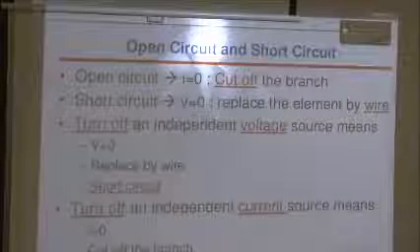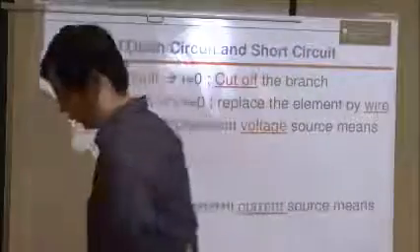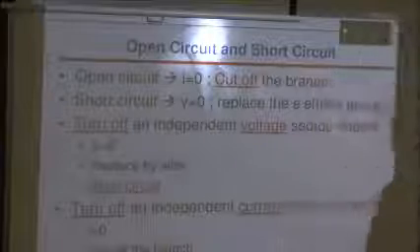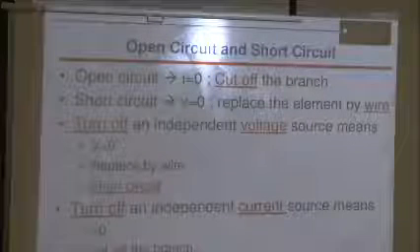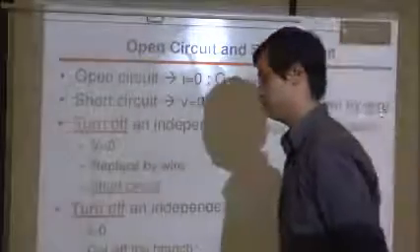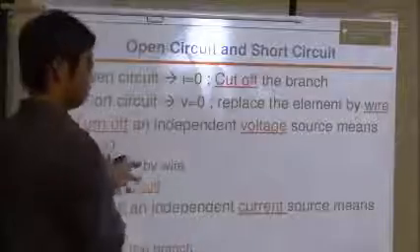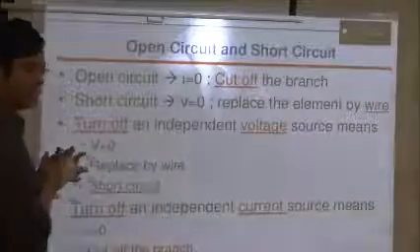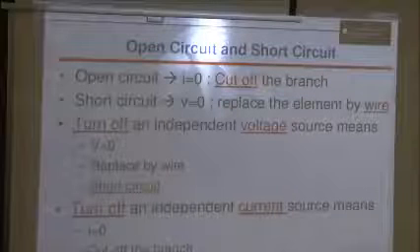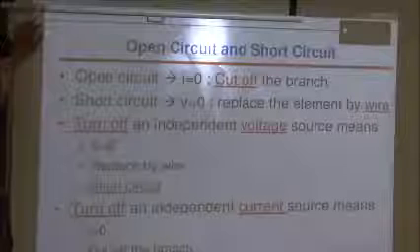Before we can do that, we need to find a way to get rid of the sources from the existing circuit. We're trying to find out how much each one is contributing to the output, so we need to get rid of the other voltage sources or current sources. This is shown as open circuit and short circuit.